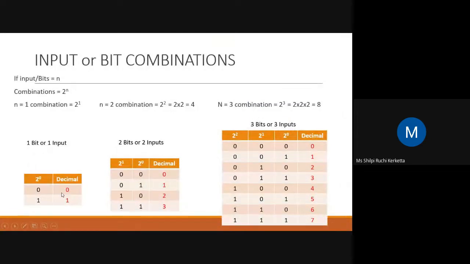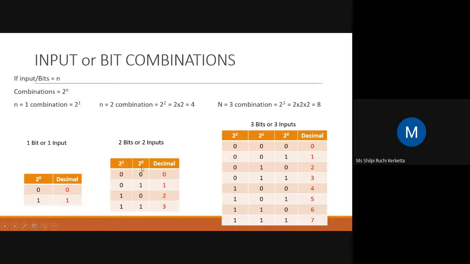For any number, with one bit you won't have anything special. But what if we have two bits? One is the most significant bit and one is the least significant bit. The rightmost will always be the least significant bit and the leftmost will be the most significant bit.